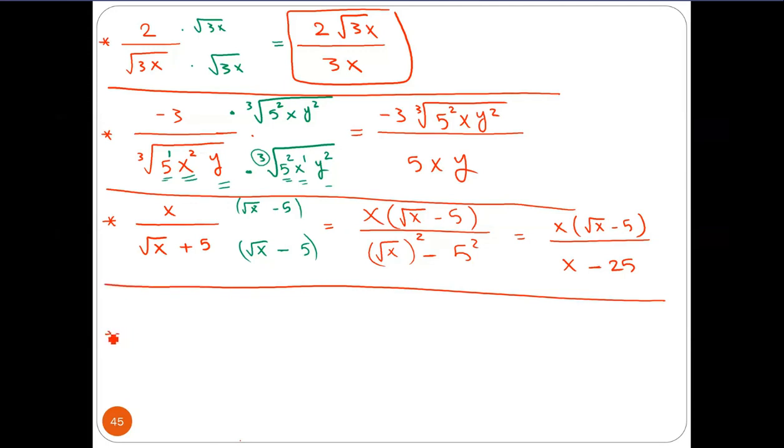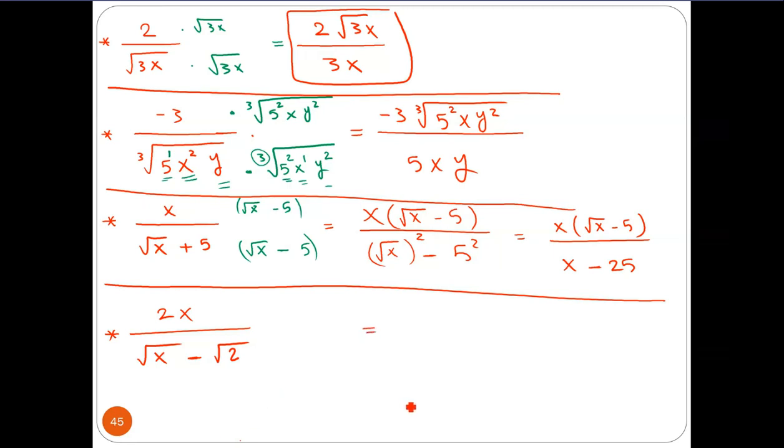Also sometimes we have two radical. For example, 2x over radical x minus radical 2. For example, what's the conjugate of this one?